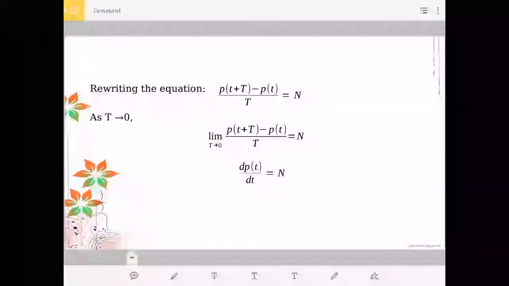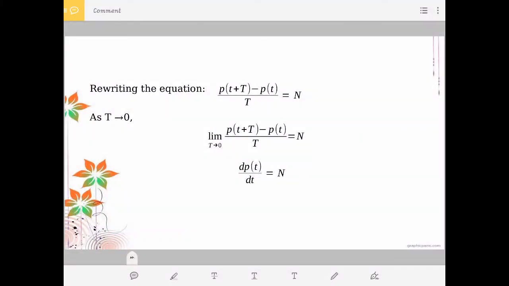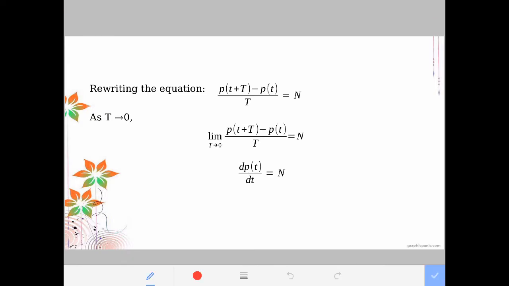If we divide both sides by capital T, we will get this equation, and as the time interval gets smaller and smaller, this value approaches 0. We now have basically the definition of a differential, which is the limit as T approaches 0.